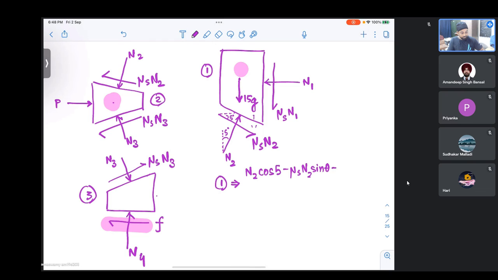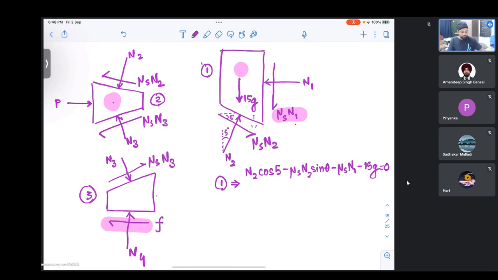What else is there? Minus mu s N1, this force. Then we have to account for the weight itself, minus 15g. Are there any other forces in the vertical direction?